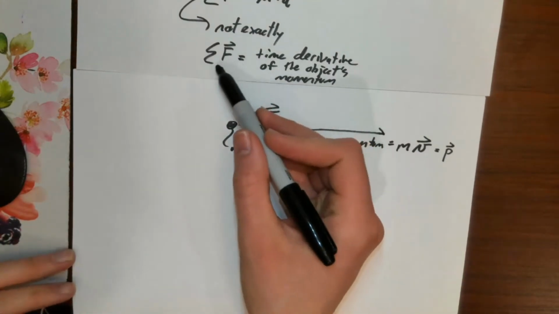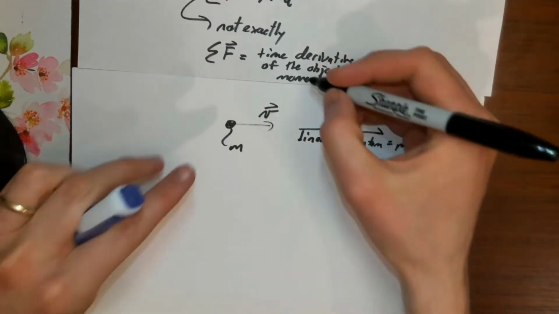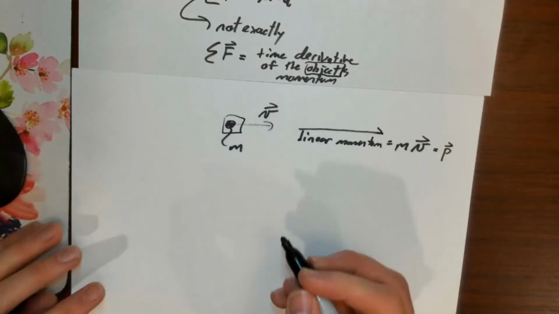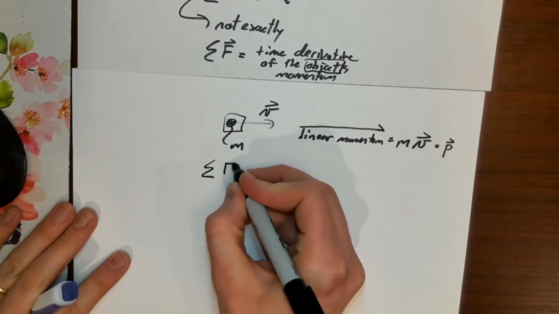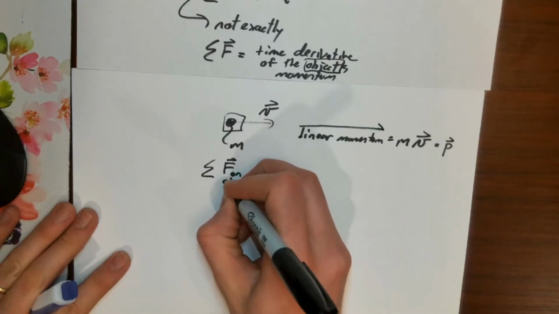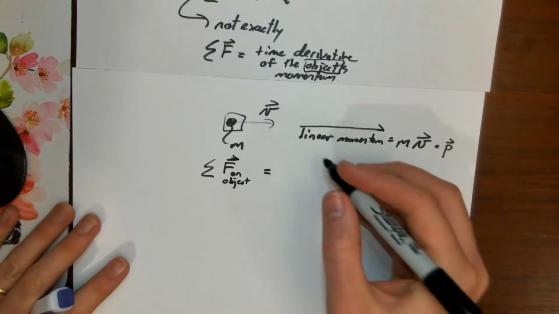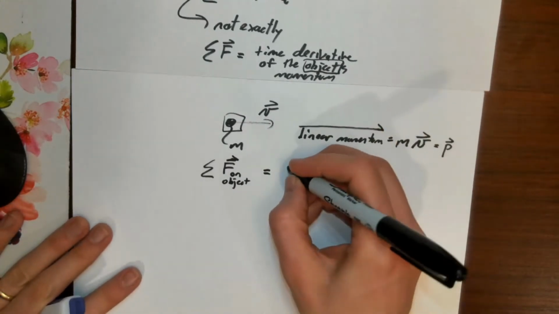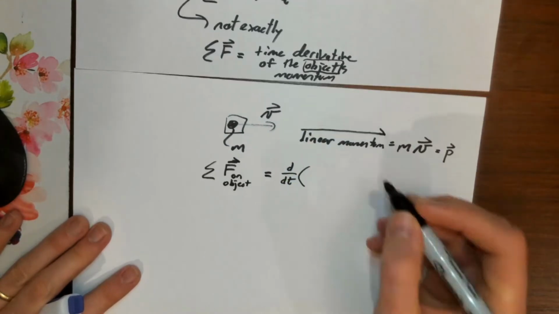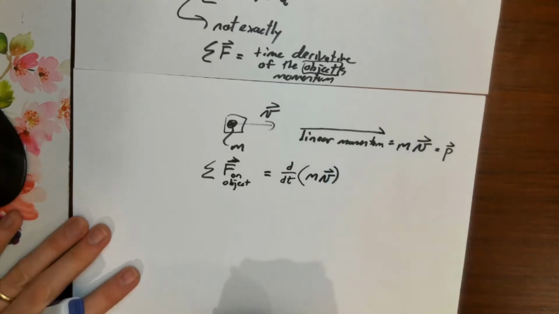So if I'm talking about the sum of forces being a time derivative of this object's momentum, the sum of forces on our object is going to be equal to, as Newton formed it, the time derivative of linear momentum, which is m times v.